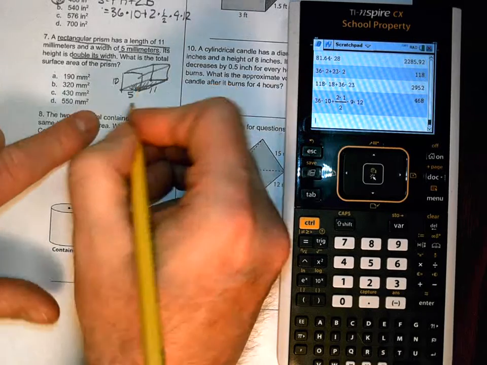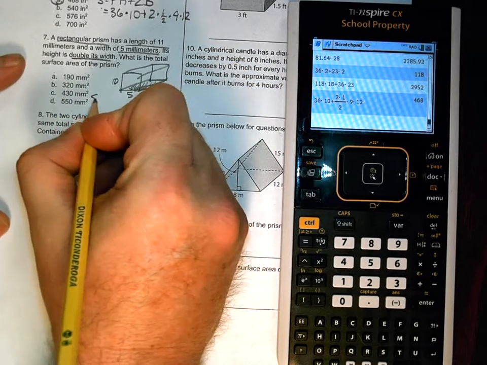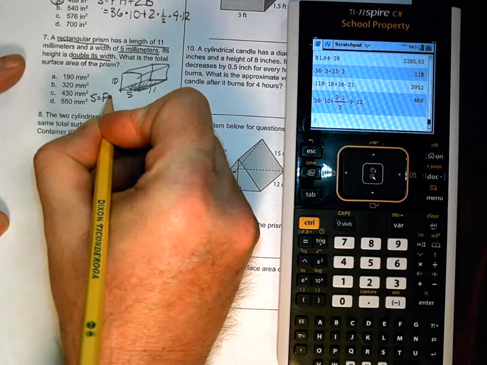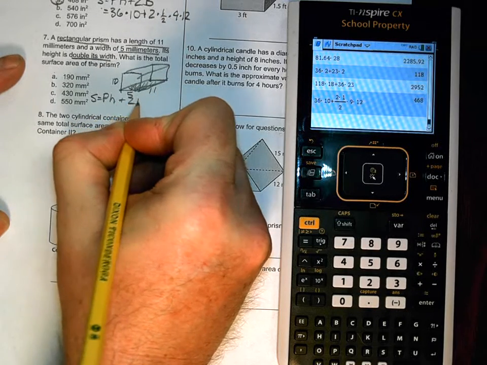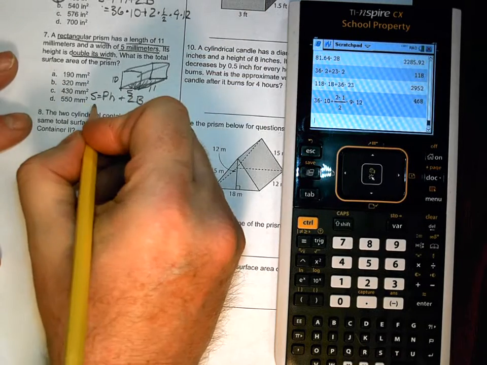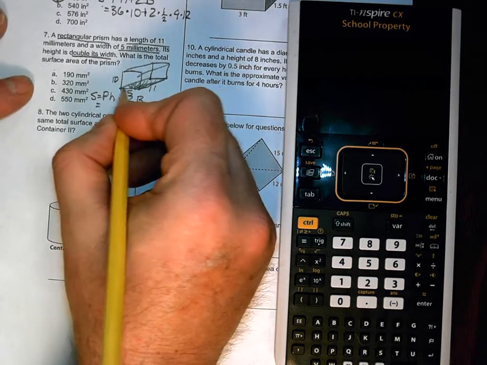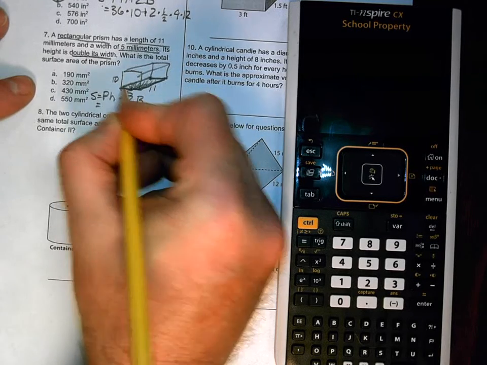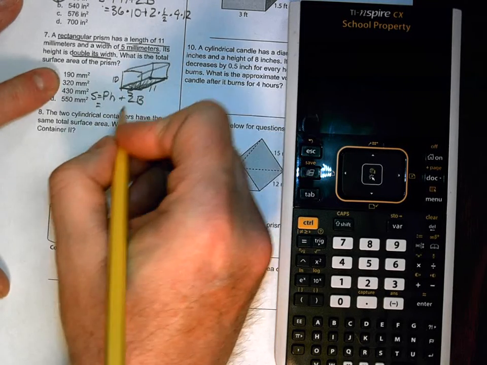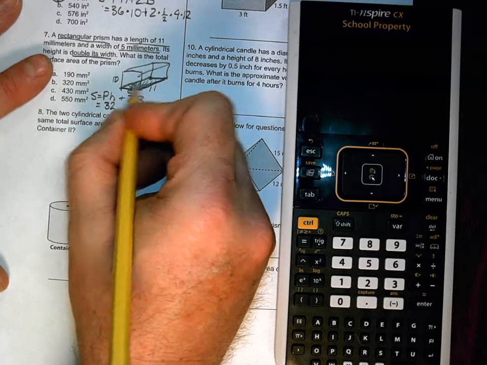So, now, I need to know what's total surface area. Well, I'm back to my surface area. S equals perimeter times height plus 2 times the area of the base. So, find the perimeter. It's 5 plus 11 plus 5 plus 11, because I ran all the way around that rectangle, which gets me a total of 32. And I saw a lot of people miss that problem by not shading their base.